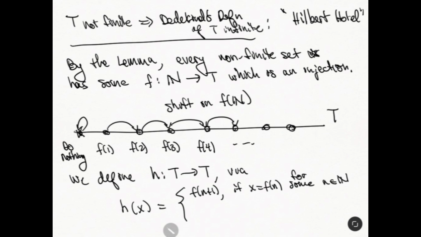That's saying that we landed on one of these, and then we shift. Otherwise, we take it to be x, so it's just the identity. You can check that this is an injection, since we just shifted this injection. And then this is a proper subset of itself because f1 is no longer going to be in the image.